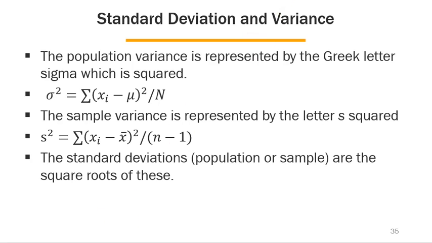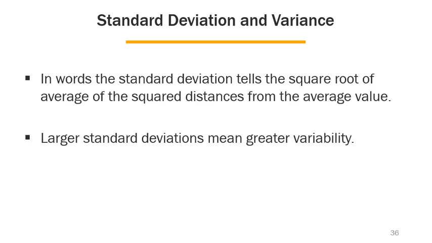Now, when we're looking at the standard deviation and the variance, what we're thinking about in some sense is the square root, if we're talking about standard deviation, of the average of the squared distances from the average value. So how far away are things from the average? Well, on average, the distance will be 0.